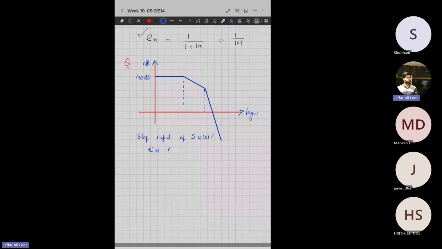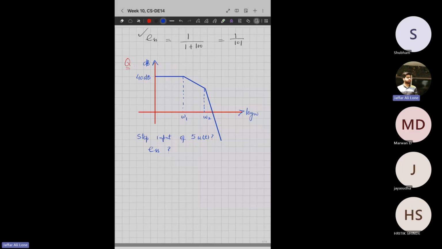There is some omega 1, there is some omega 2, which I need not bother about. You only have to see what is the type of this transfer function, which is actually given by the initial slope, right? And using that, you can find the value of K.